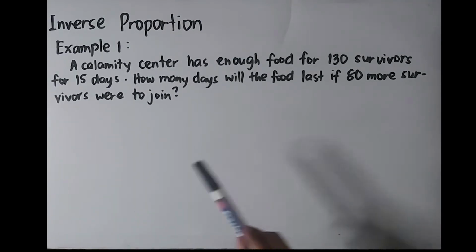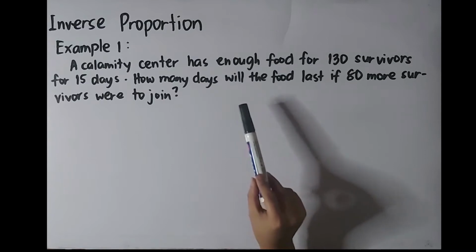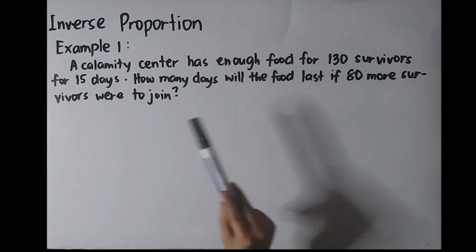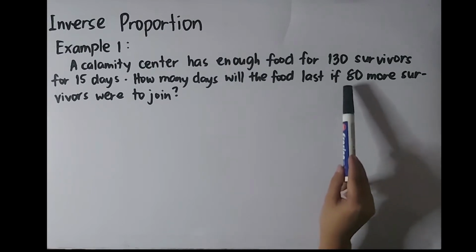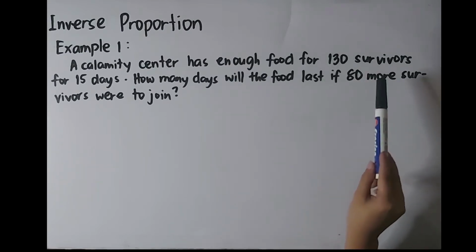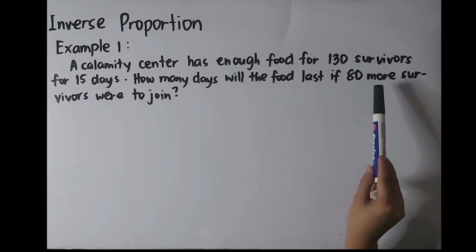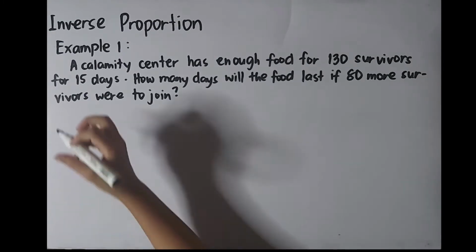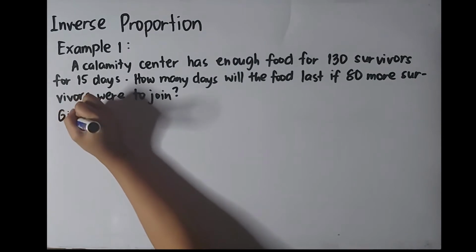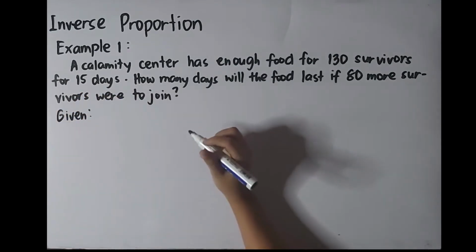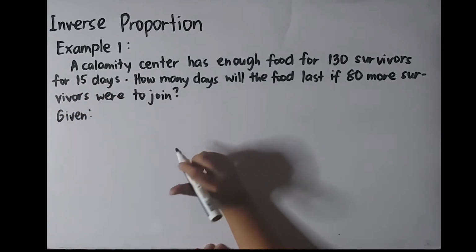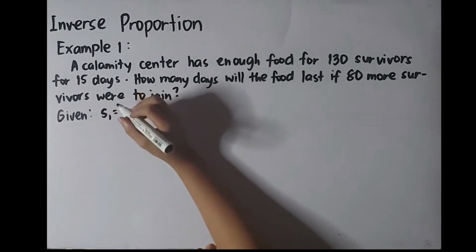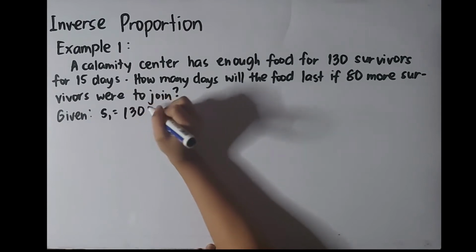So now we are going to solve how many days that supply of food in the calamity center will last if there are 130 survivors and an additional 80 survivors. First, let's have the given. Let's say that we have S1 for the number of survivors, that is 130.